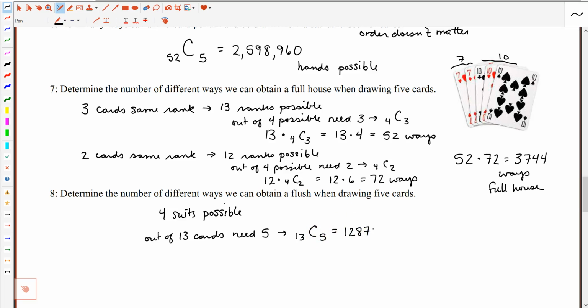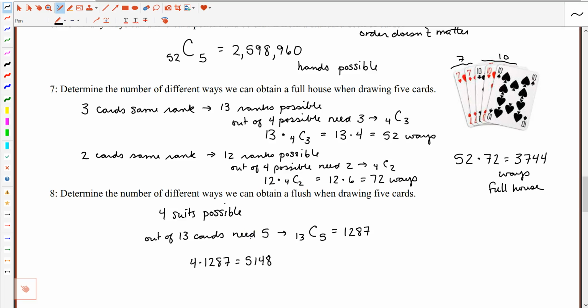So we would approach this very similarly to how we did the previous one. So 4 times 1,287 gives you 5,148. Now the difference on this one though is this counts all the different possible ways of getting a suit, but depending on what cards you end up pulling, those actually fall into very special cases.